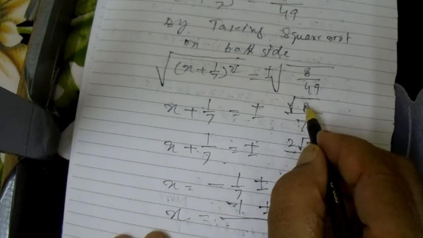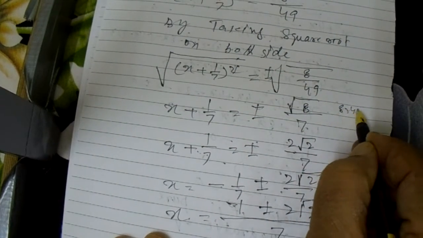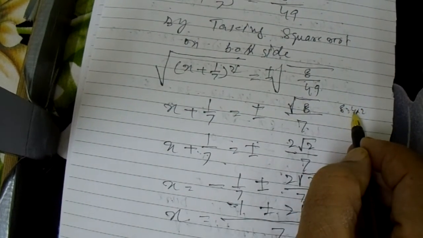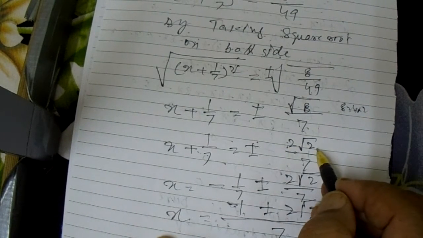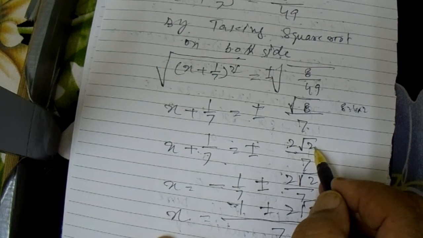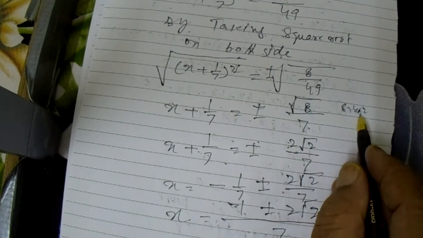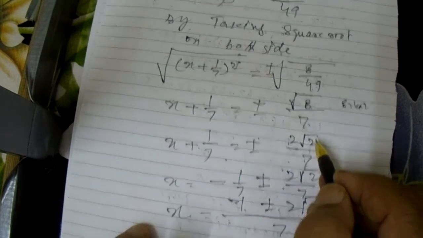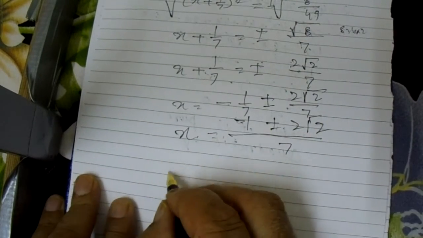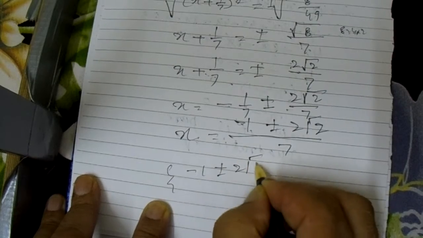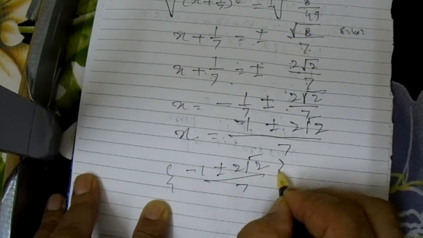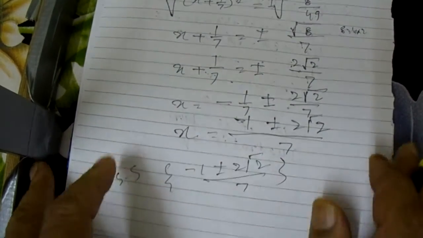Again, this 8 is equal to 4 multiplied by 2, and the square root of 4 is 2, and we write under root 2 again because we cannot find the square root of 2. Now we write in the solution set: minus 1 plus minus 2 under root 2 over 7 is the solution set of this question.